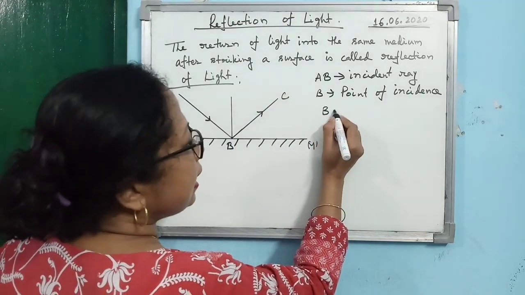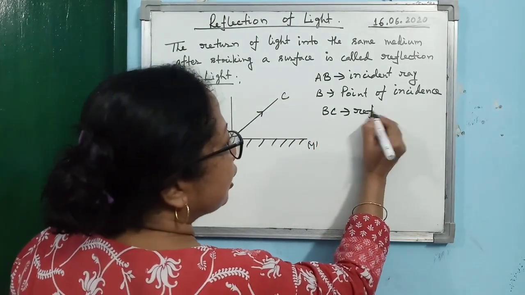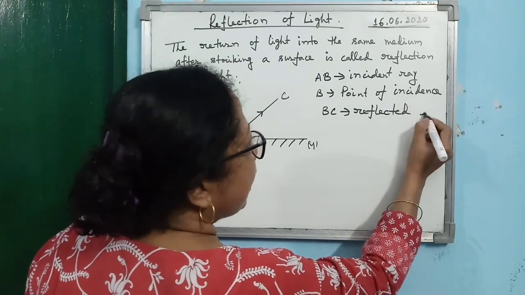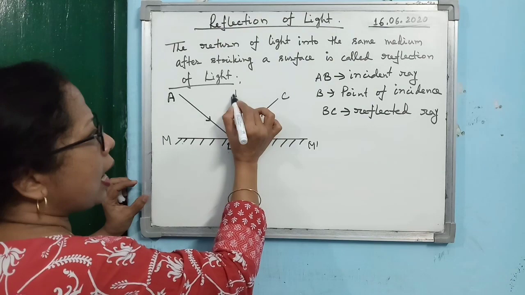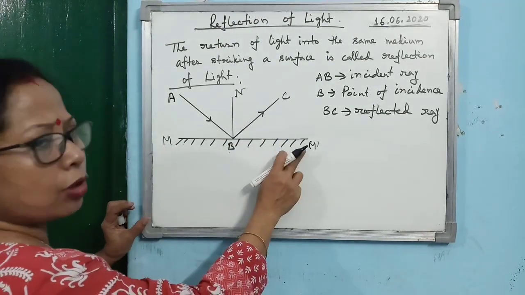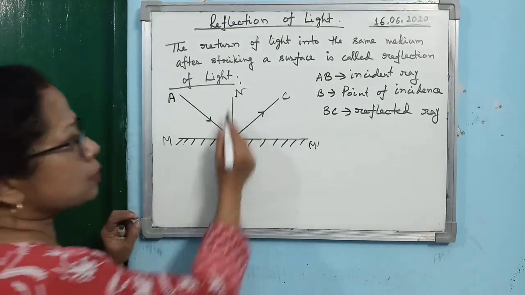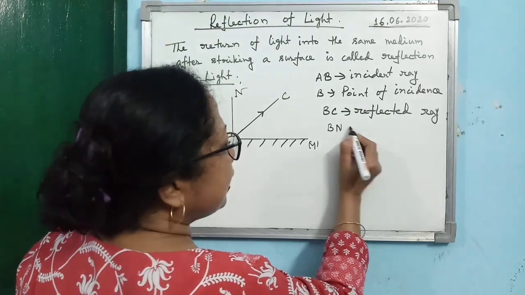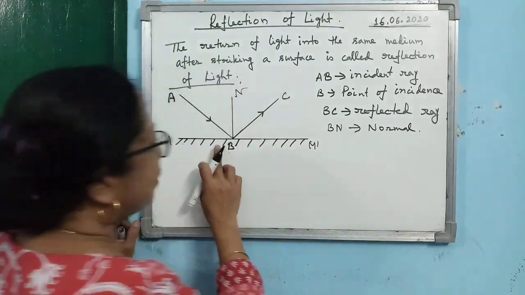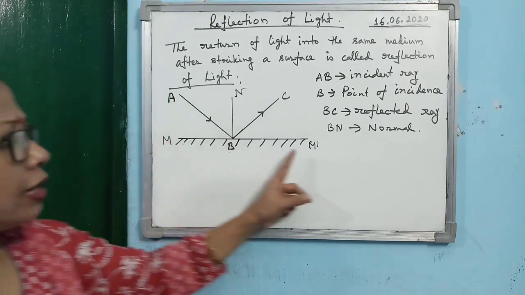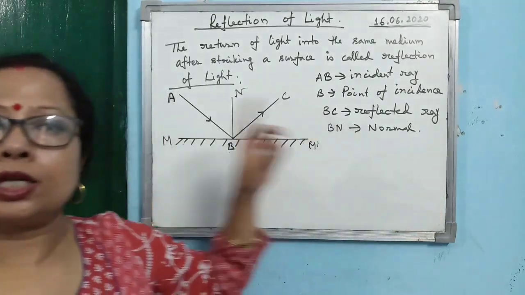So, BC is known as reflected ray. Alright, and here at the point B, a perpendicular is drawn on the reflector. So this perpendicular BN, it is known as normal. The perpendicular drawn at the point of incidence on the reflector is known as normal.